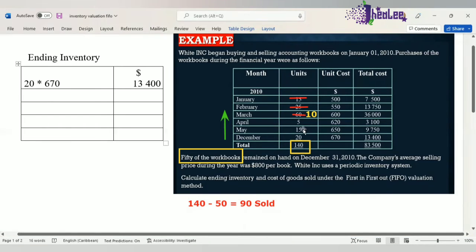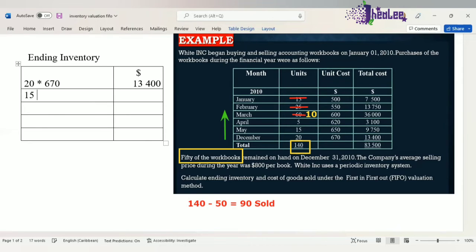Then we move into the May set, and that is 15 times the 650 per unit, and this gives us a value of $9,750. We only have 35 units accounted for so far, which is the 20 and the 15 added together. We still need 15 more units.